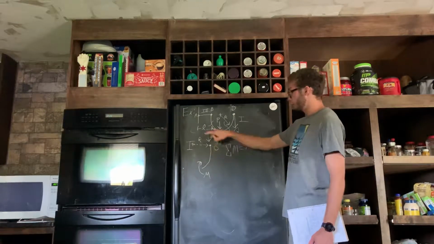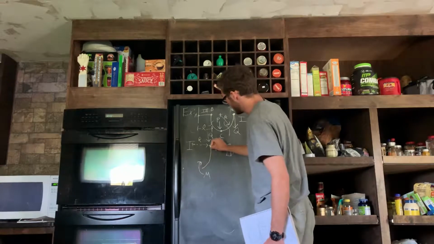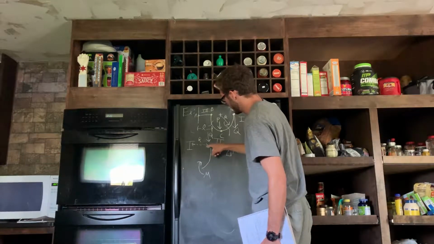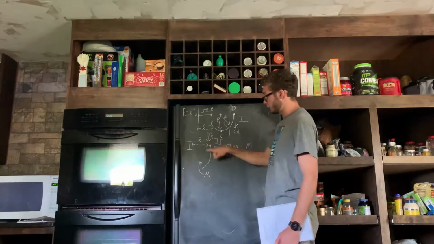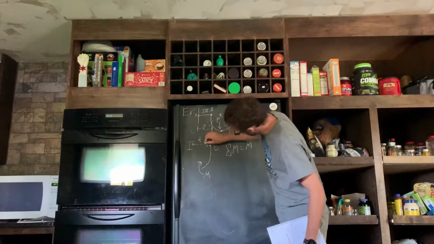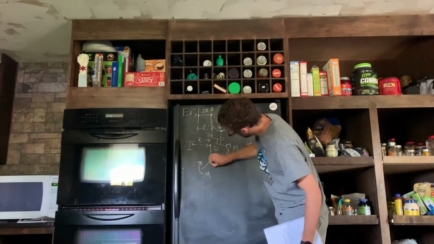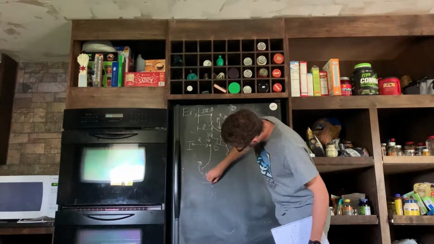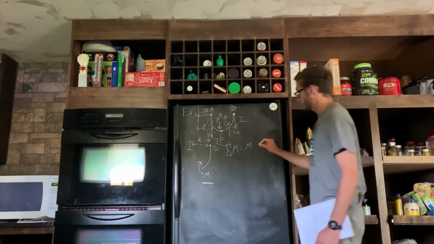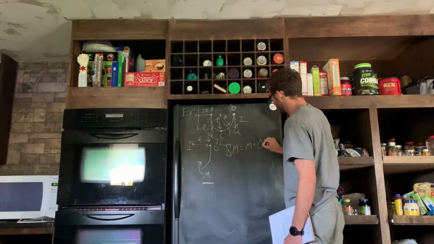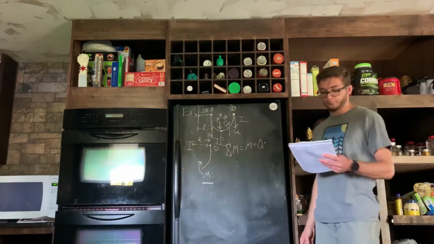But now we have the moment caused by Q, which would be the length, we'll call it X, the length from here to here. We need to find this distance right there, because that times Q will give us the moment it applies onto the beam.